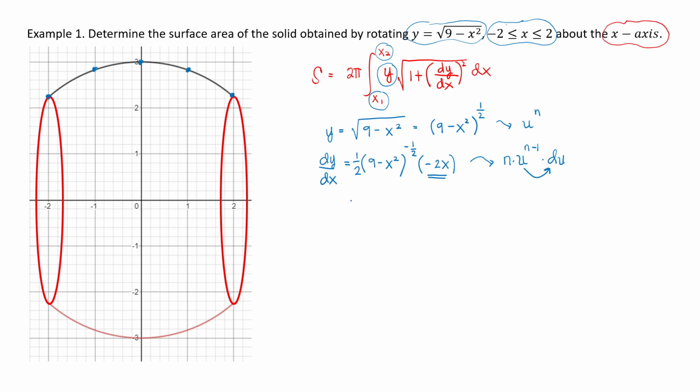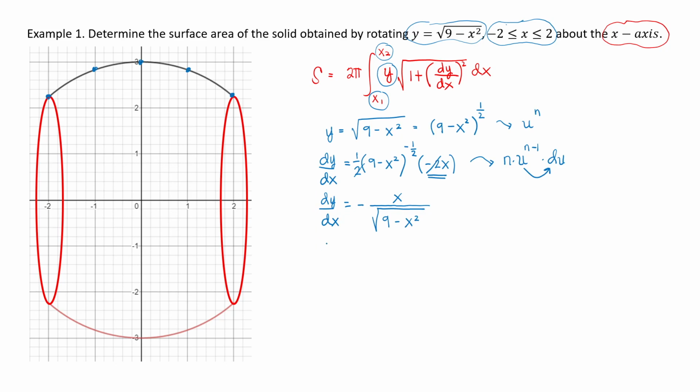Alright, simplifying this equation first, we're going to eliminate 2 and 2 here. What's left is negative x, so x in the numerator, and then bringing the negative 1/2 power to the denominator to make it positive. This becomes square root of 9 minus x squared. So this is your dy over dx.